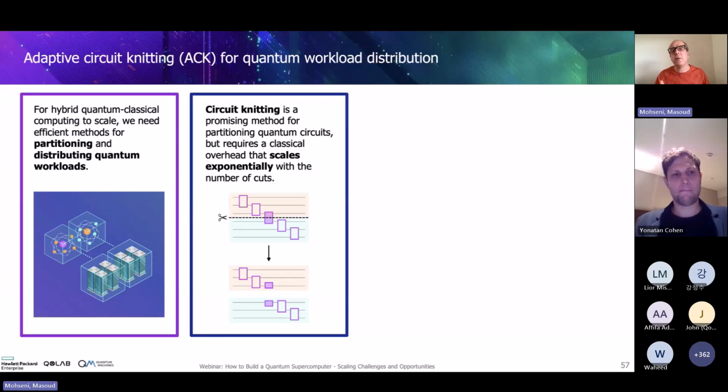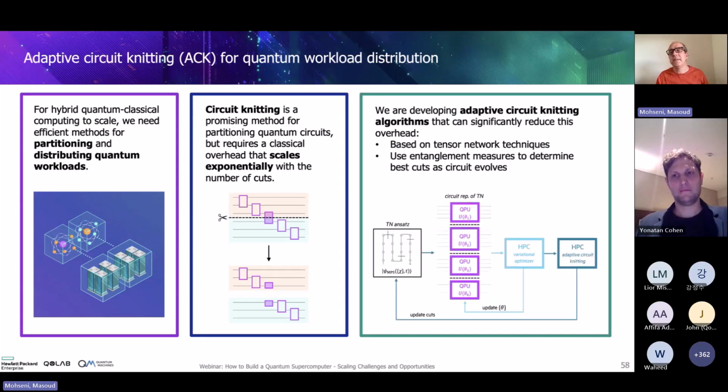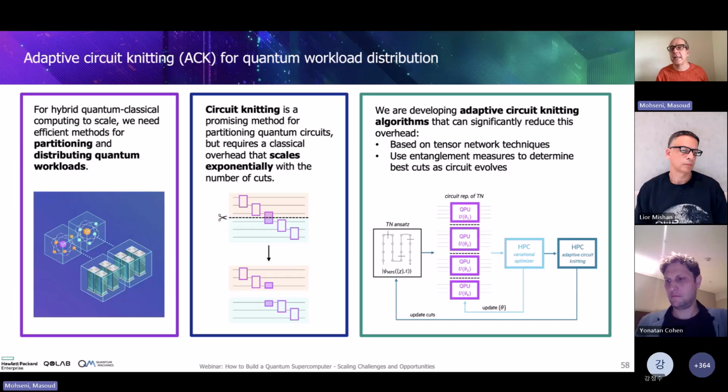This is based on a quasi-probability decomposition, which says that you can sample the entangled states by some local operations with classical post-processing, basically some sample complexity. Unfortunately, that grows exponentially with the number of cuts. So what we developed are adaptive techniques that can bypass this exponential classical post-processing in some realistic situations, by having a trick to look at the entanglement heat map.